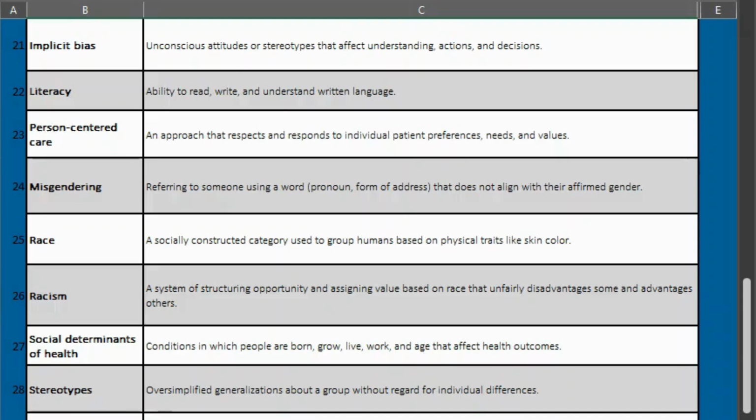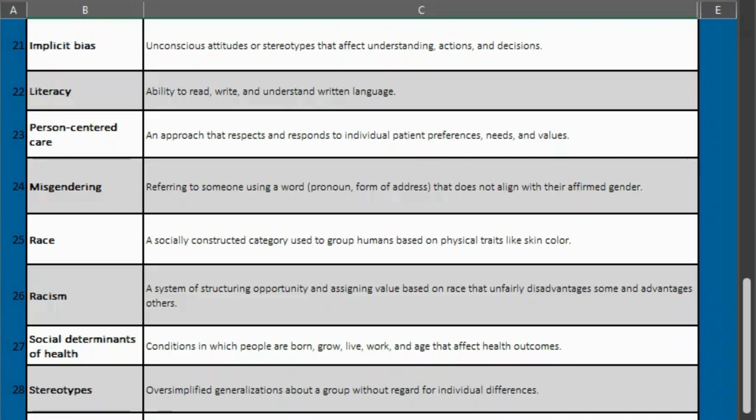Racism is a system of structuring opportunity and assigning value based on race that unfairly disadvantages some and advantages others, meaning calling security more quickly on patients of color reflects institutional racism.